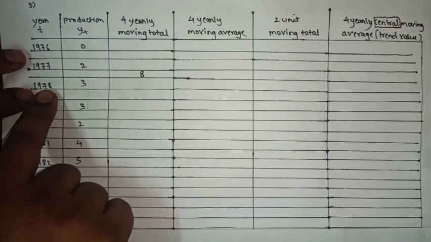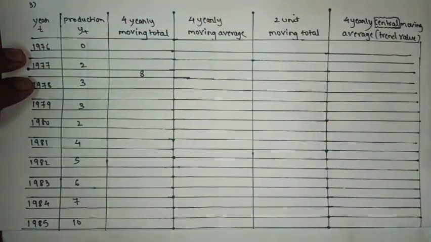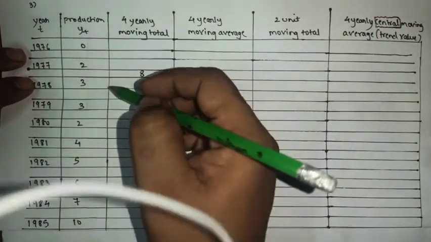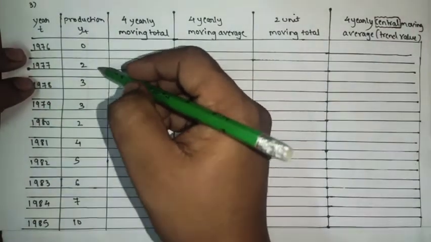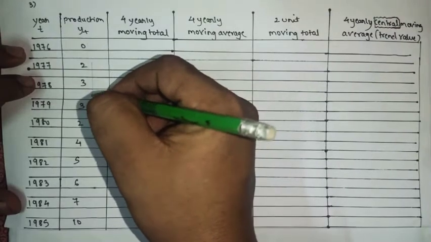So whenever the sum is based on 4-year moving average, see to it that in the third column you leave the first one blank, no need of writing in the first box. After adding the numbers you will write between these two. Okay. Now we'll see the next 4 totals. So the next one will be what? 2, 3, 3, 2.